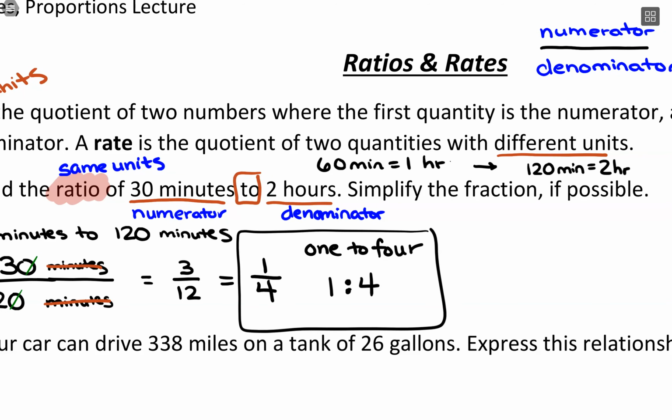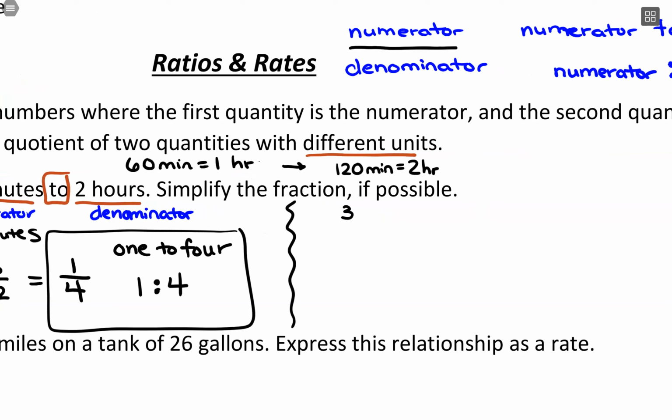Now, just to look at this another way, what if I wanted to put this in hours? So I have my 30 minutes to 2 hours. Let's say instead of 30 minutes, I wanted to put that into units of hours. Well, 30 minutes is half an hour. So instead of writing 30 minutes, we could say half an hour.